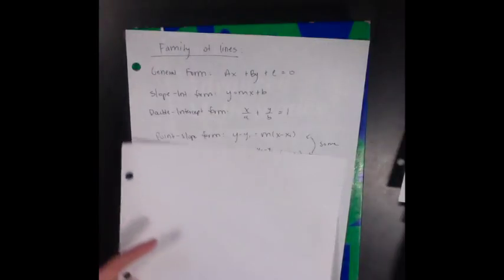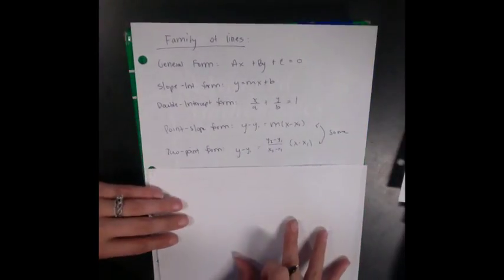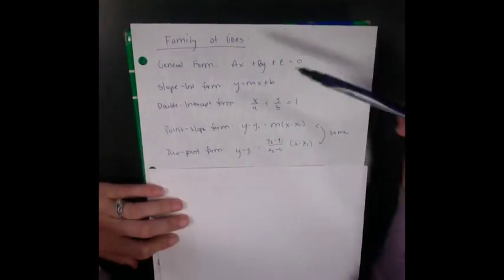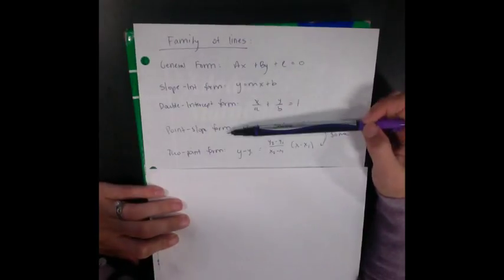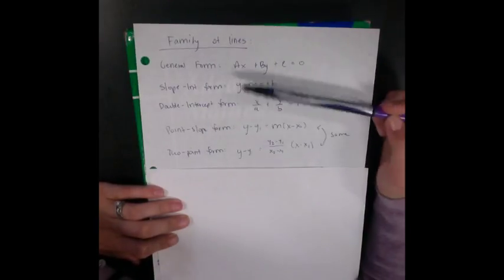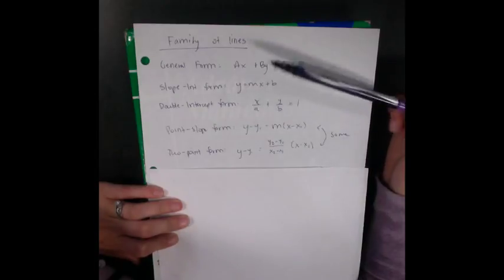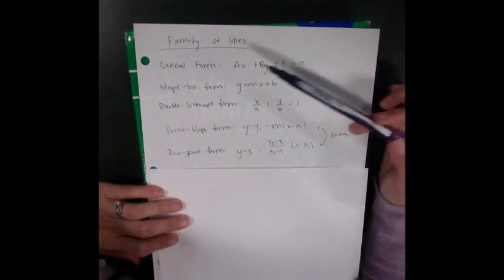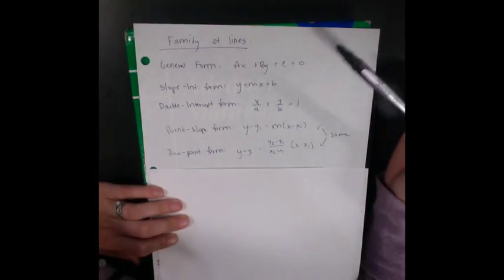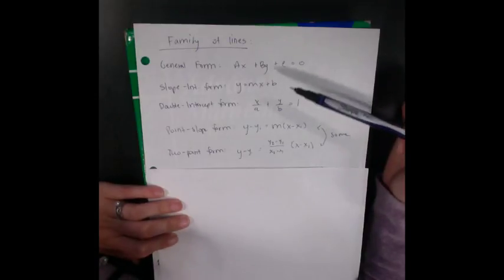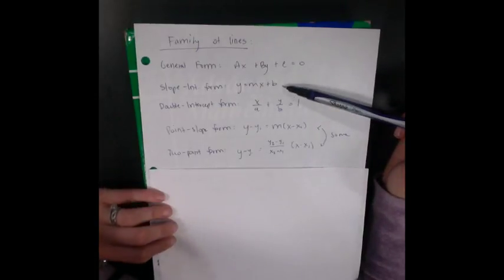All right, almost done. Let's now get into family of lines. These are 4, I'll talk about 2-point form in a minute. These 4 forms of a line, you have to memorize what they are. General form: ax plus by plus c is 0. Slope-intercept, you should be very familiar with: y equals mx plus b.